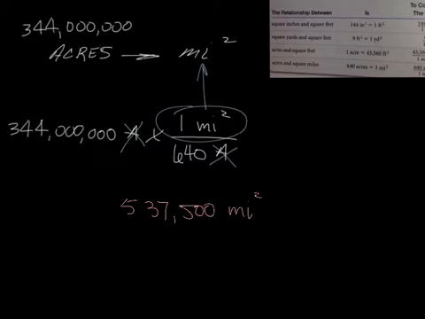And if I remember right, that is about the size of Alaska. So there is an island of garbage floating around in the North Pacific Ocean that is about the size of Alaska. So that kind of gives you a little bit better idea of how big that garbage island is.